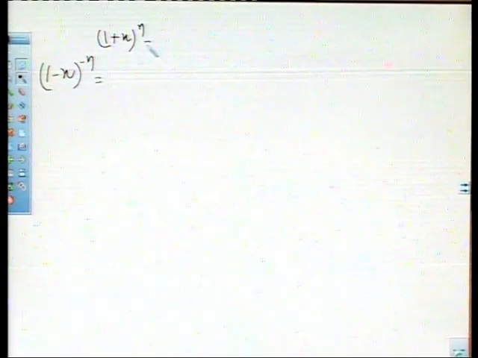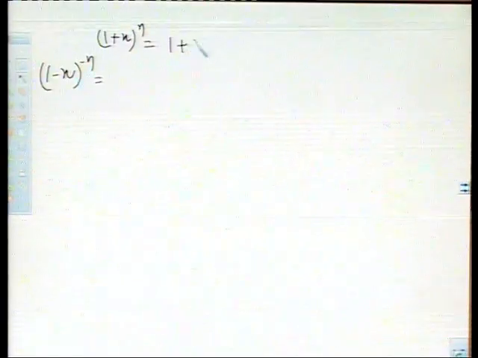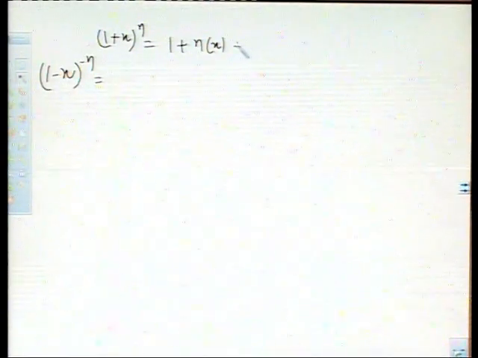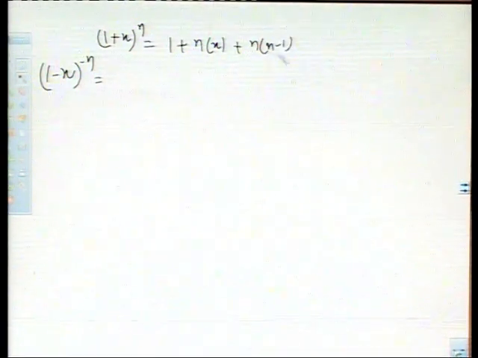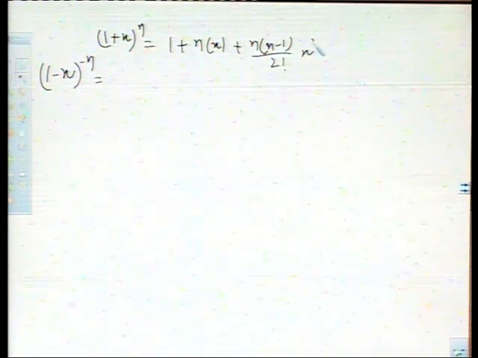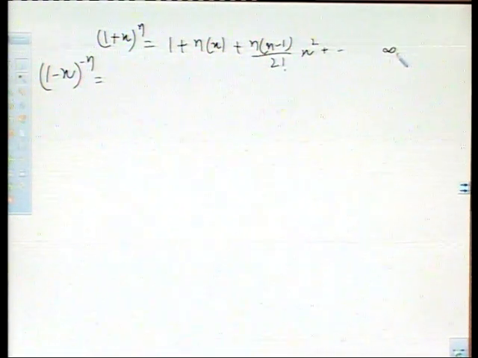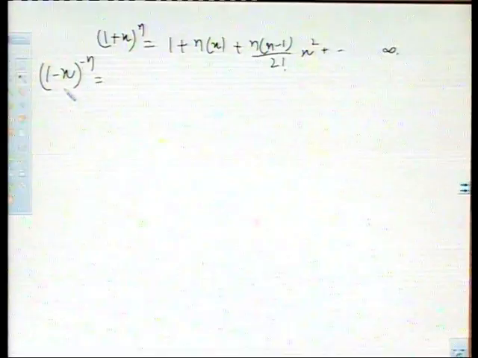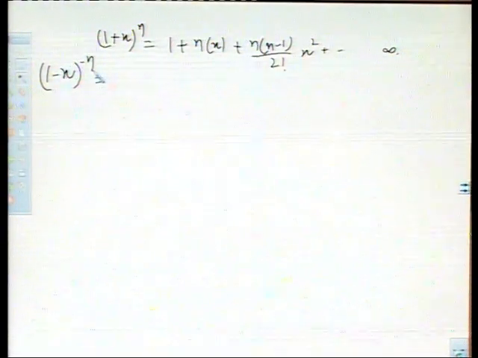Now the next expansion is 1 minus x raised to power minus n. So we have to change, first of all, this expansion is 1 plus nx plus n(n minus 1) upon 2 factorial x square and so on. Here we have to change both x and n, x by minus x, n by minus n.